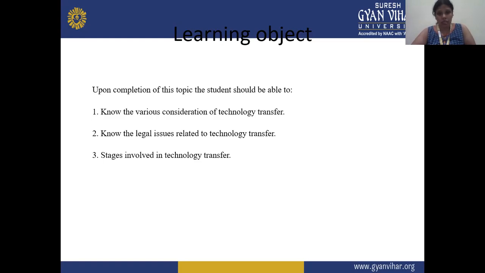All these things students will learn after the completion of this unit. Next is the stages involved in technology transfer. There are multiple stages in technology transfer, and students will be able to learn them after the completion of this unit.